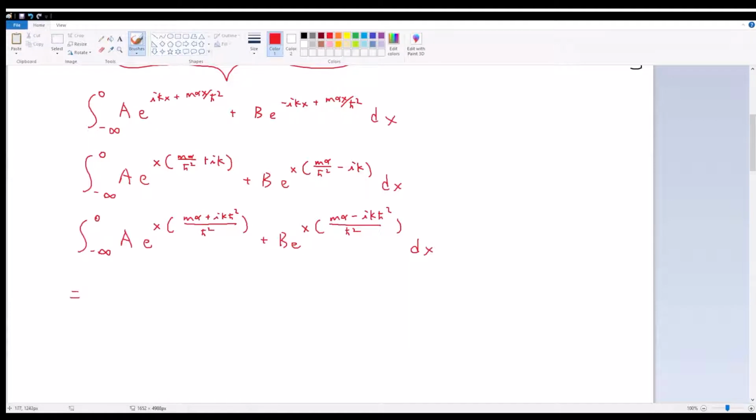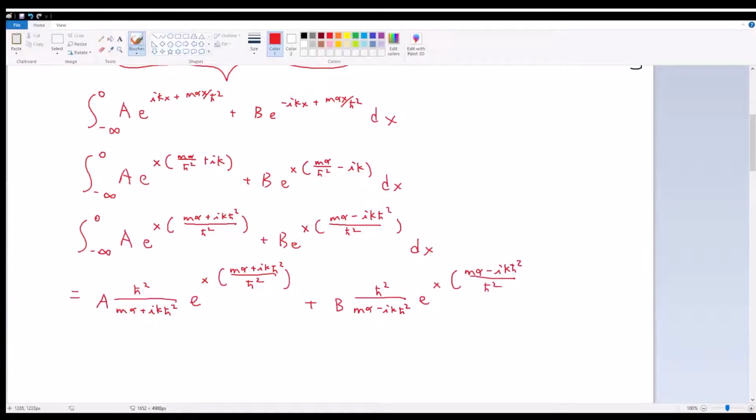So this is going to give us, let's see, a multiplied by h bar squared divided by m alpha plus ik h bar squared, multiplied by e to the power of x times m alpha plus ik h bar squared divided by h bar squared, and then we have plus b multiplied by h bar squared over m alpha minus ik h bar squared, and then the same exponential, e to the power of x times m alpha minus ik h bar squared divided by h bar squared, going from negative infinity to 0.